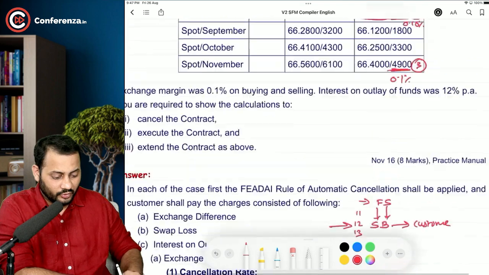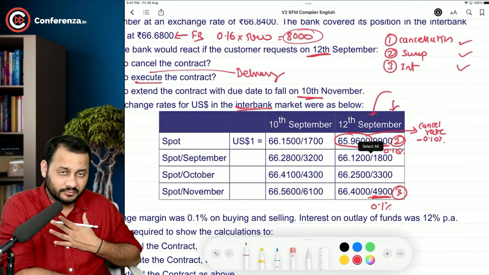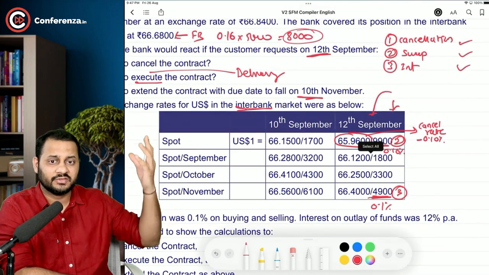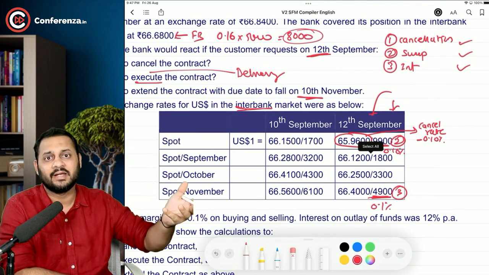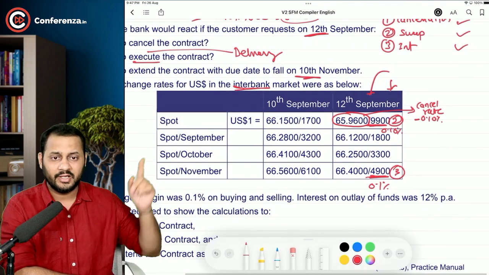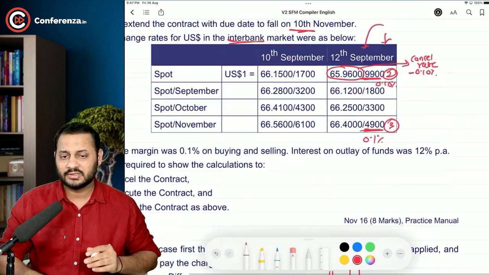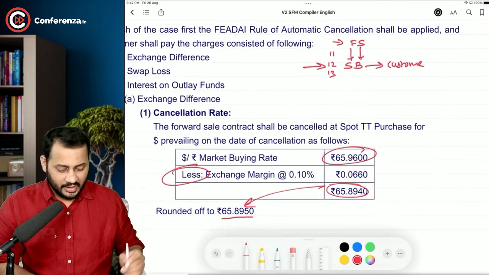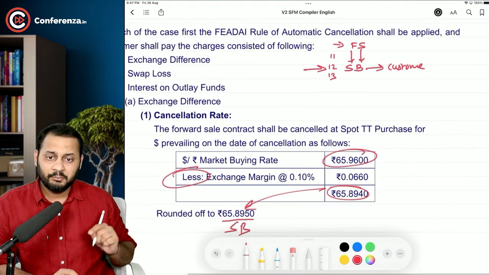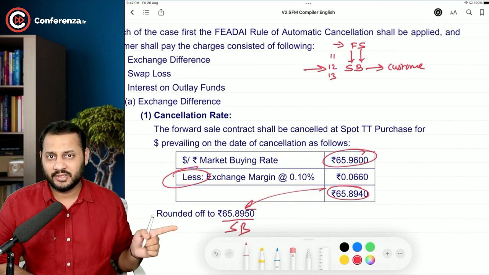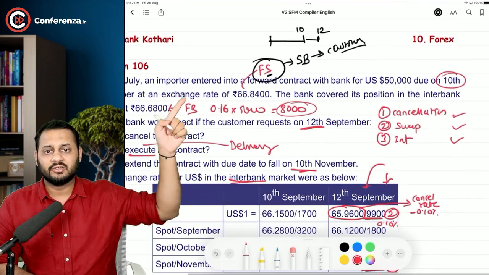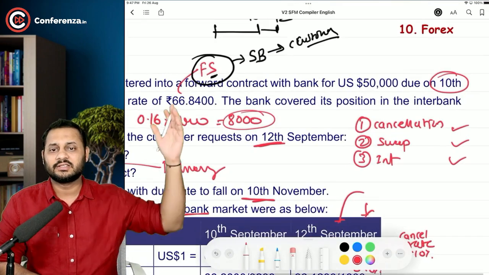So we are going to look at these rates from our angle, not from the other bank's angle. So spot buy on 12th September is 65.96. This is the final rate applicable. Bank will buy at 65.8950 and sell to the customer itself at 66.84.